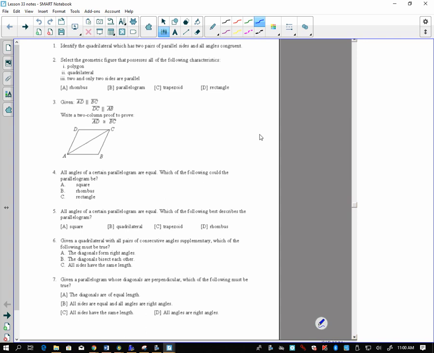Then we get into rhombuses. Rhombuses, all 4 sides are congruent to each other. All the rules for a parallelogram apply. So those 4 rules that we talked about at the beginning are all true. The diagonals are not congruent necessarily, but they are perpendicular to each other. Okay, so they'll form a right angle whenever they cross. So with a rhombus, what we wind up with on the inside of a rhombus is 4 right triangles.